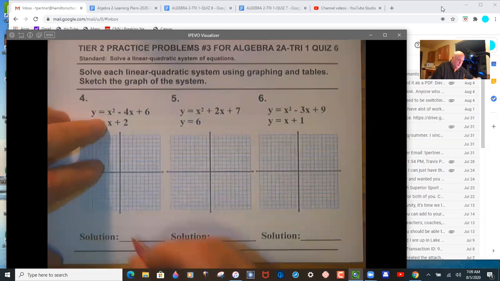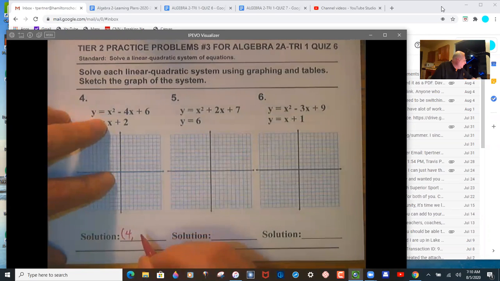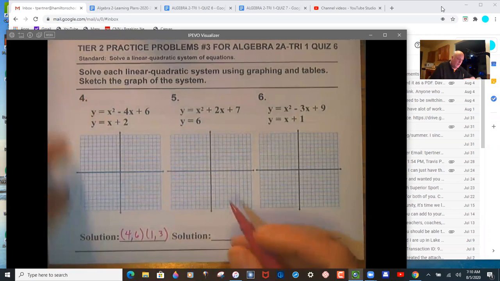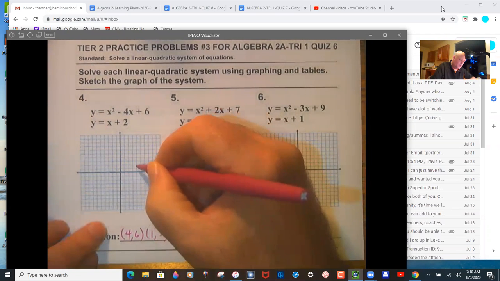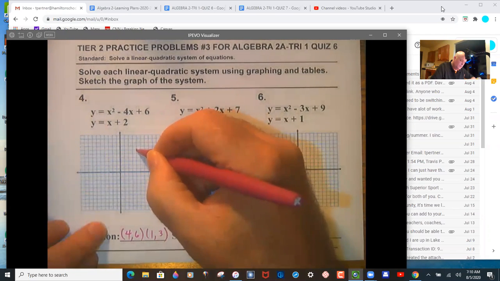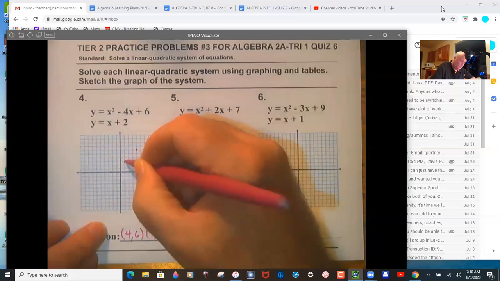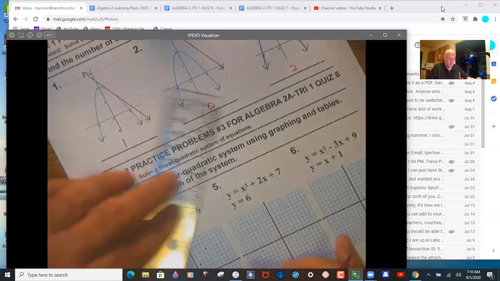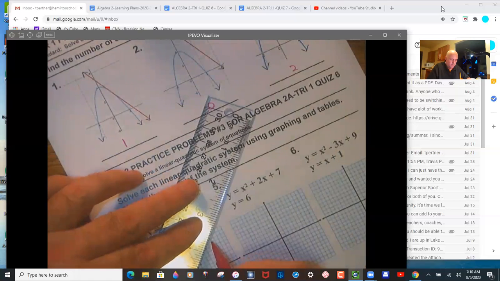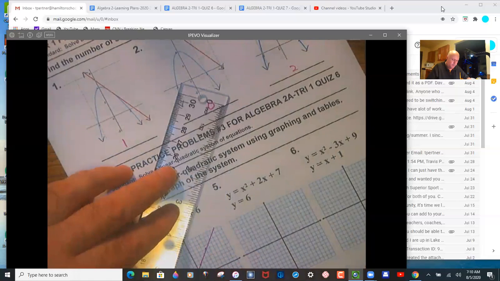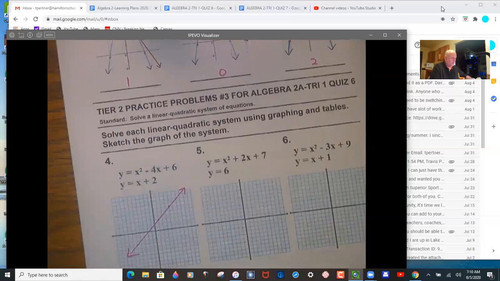So on number 4, you're going to see that at (4, 6) and (1, 3) are the two solutions. And then what we'll do is we'll get these on the table to get some points for the quadratic.